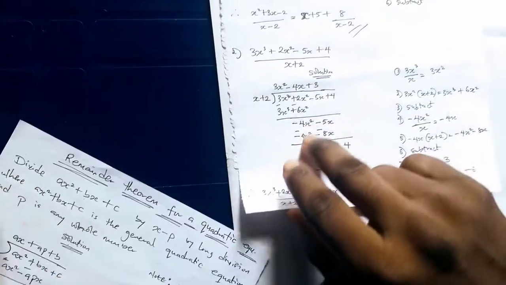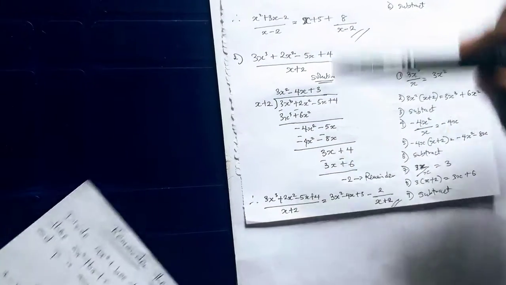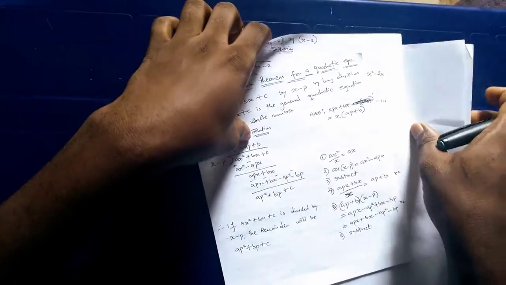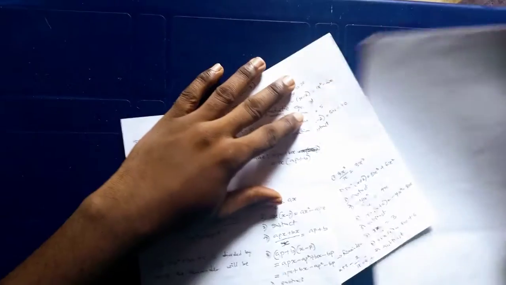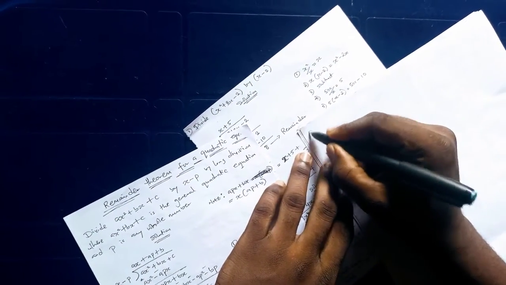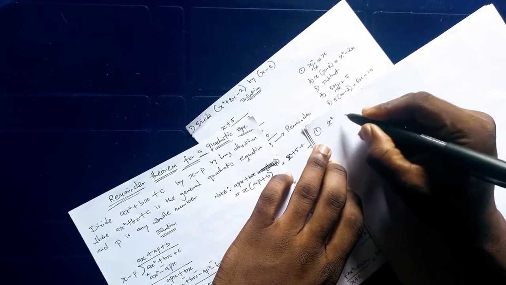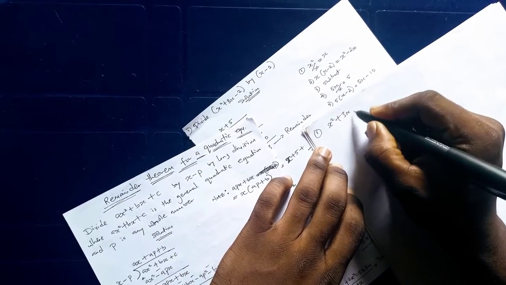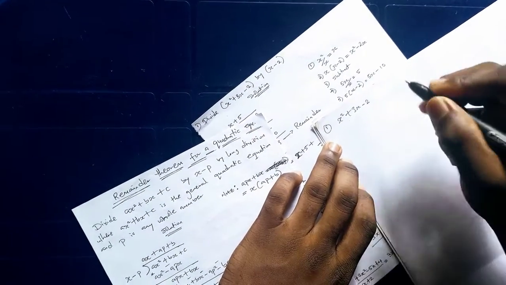Now, we can try the remainder theorem for both the quadratic and the cubic equation and see if it actually gives us what we are talking about. Now, let's say the first one is x squared plus 3x minus 2.